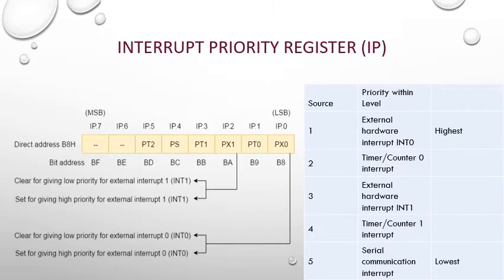If the priorities of the interrupts are not programmed, then the microcontroller executes them in a predefined order: INT0, TF0, INT1, TF1 and SI. That is, external hardware interrupt 0, timer counter 0 interrupt, external hardware interrupt 1, timer counter 1 interrupt, and finally the serial communication interrupt. The priority levels are shown in the table.